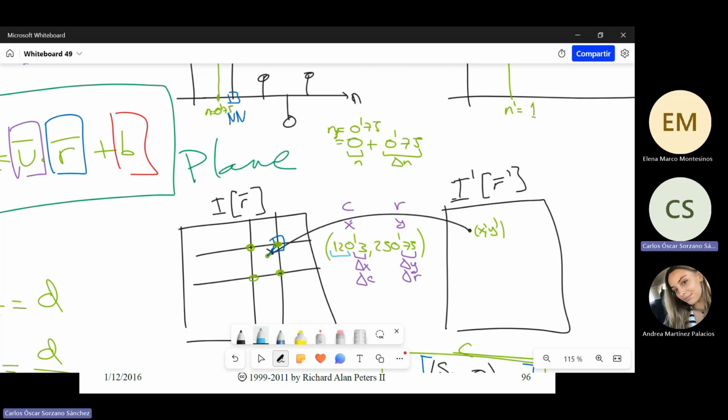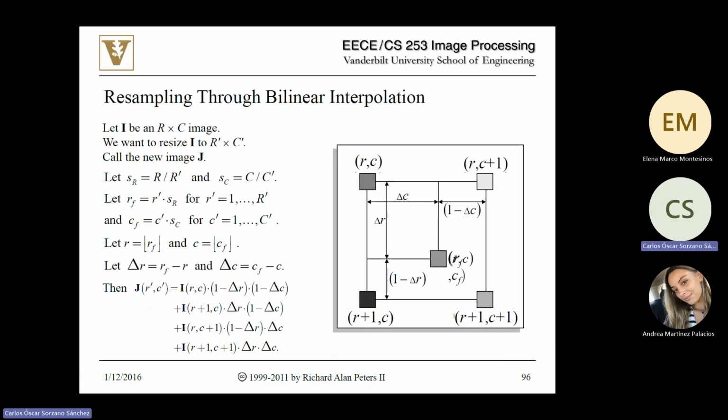The integer part will only tell us which coordinate is close by, and then the fractional part is where we want to interpolate. So the suggestion is this one.